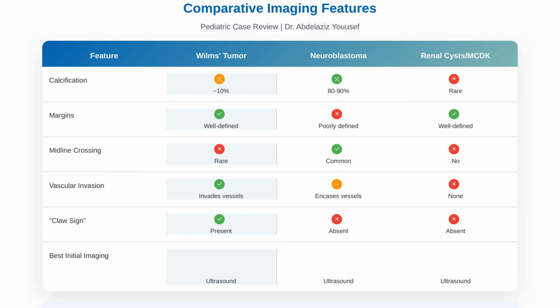Renal cysts and multicystic dysplastic kidney appear as well-defined fluid-filled structures without calcification. Ultrasound is the best initial imaging modality for all these conditions, with CT or MRI used for further characterization and staging. Pattern recognition of these features is essential for accurate diagnosis.